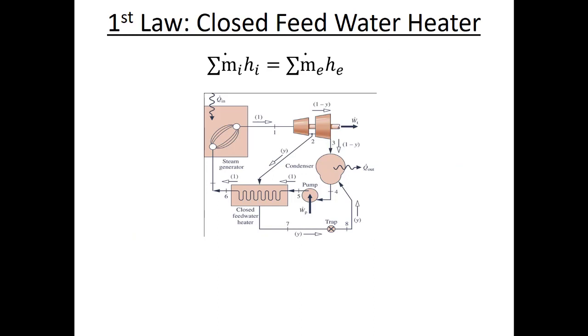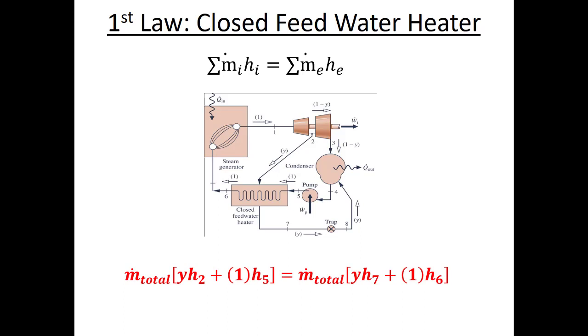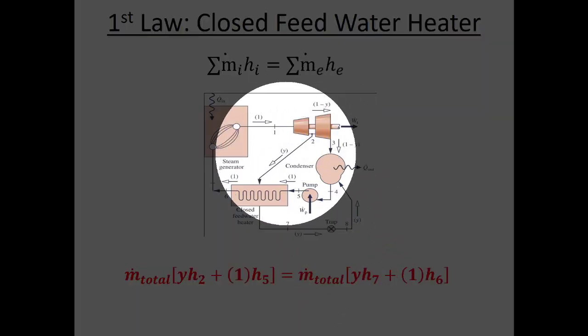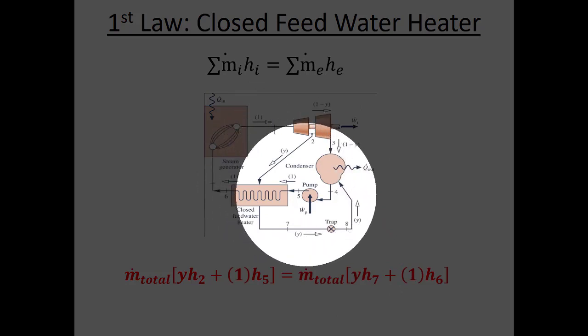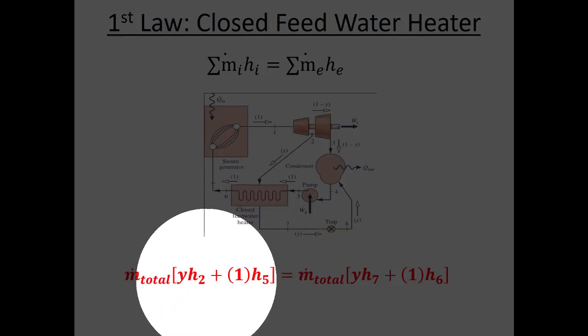So here, if I do my first law analysis on my closed feedwater heater, then now I have two inlets. I have this inlet, which gets m dot times y at state 2, and this inlet, which gets the whole mass flow rate times h5. So this is my inlet terms.